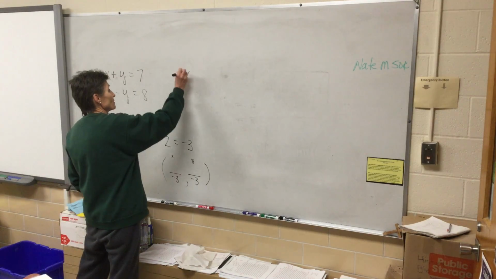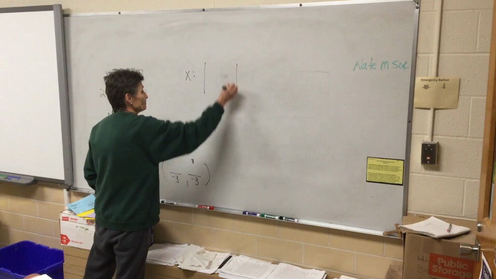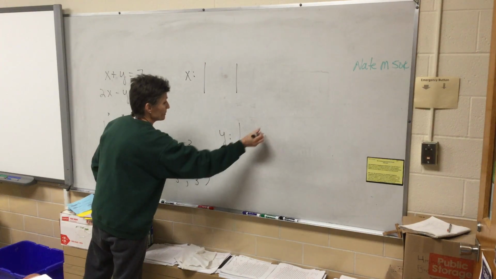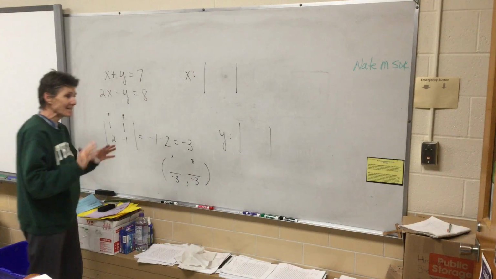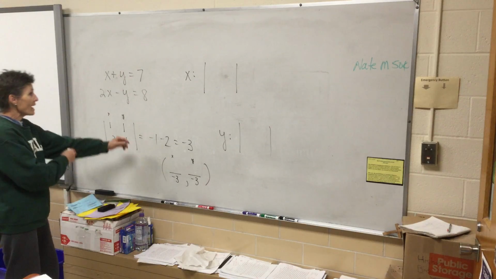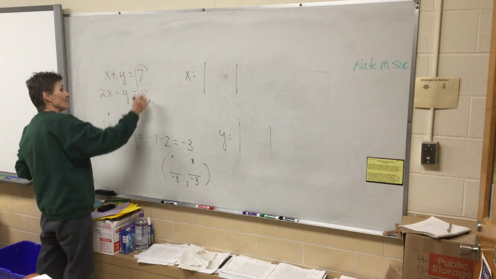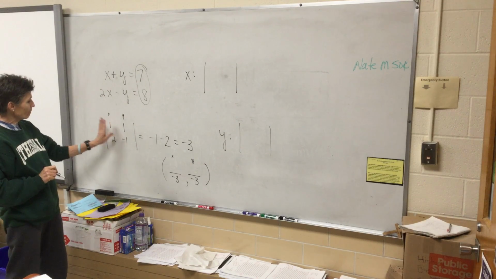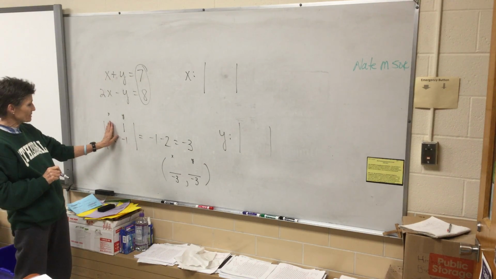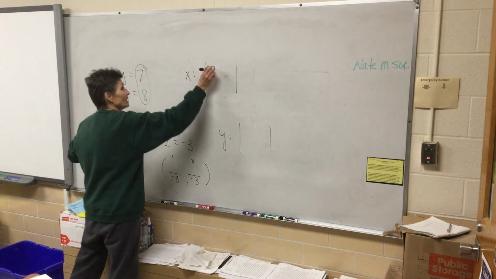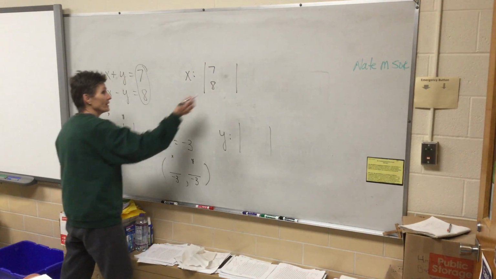Okay, so to find the x now, these are the numerators. These aren't the answers, they're the numerators. To do the x, we take the 7 and the 8 and plug them in right here under my hand. So I'll have a 7 and an 8, and then a 1 and a negative 1.